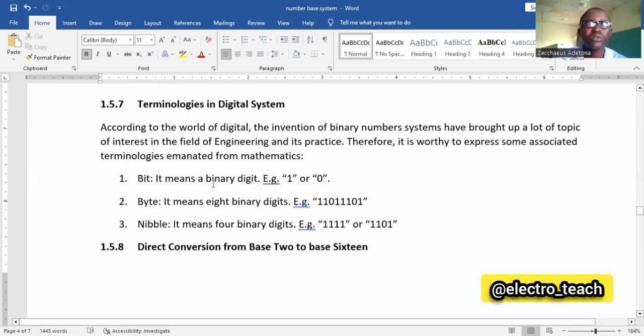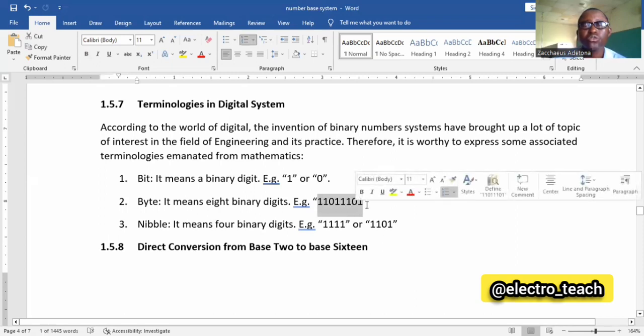The first one is bits, which is actually either a 0 or 1, which is actually a digit in binary system. It will either be 0 or 1. That's a bit. Now, bytes is 8 group of bits. When we have 8 group of bits together, we have a byte. For instance, let's look at this number in binary system, 1101101.